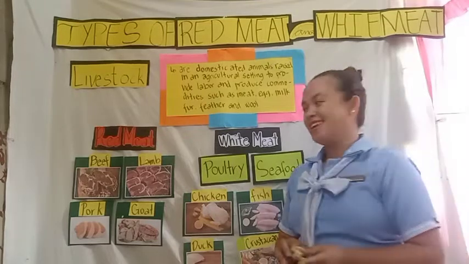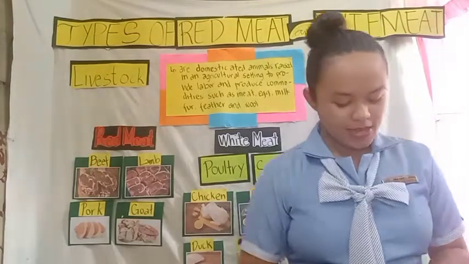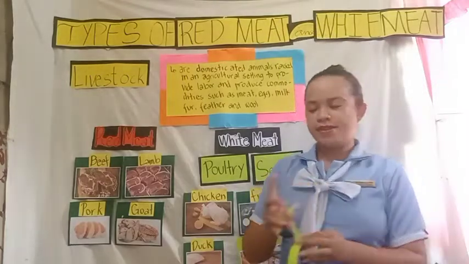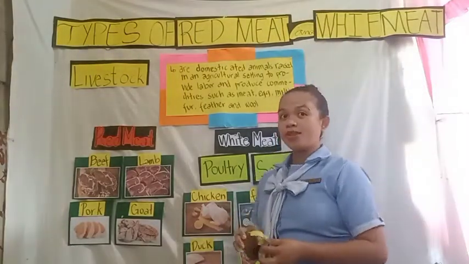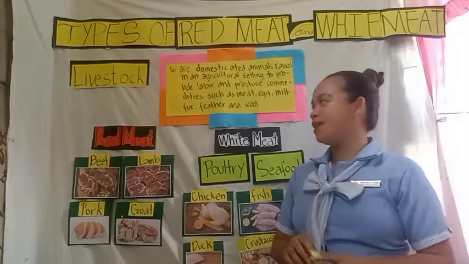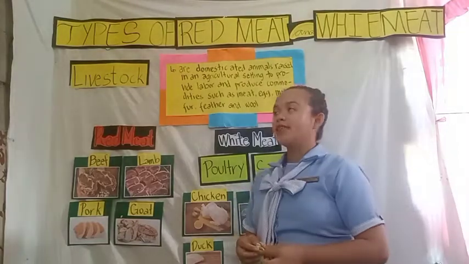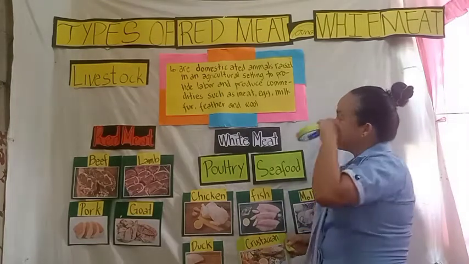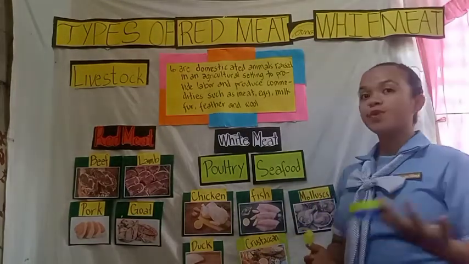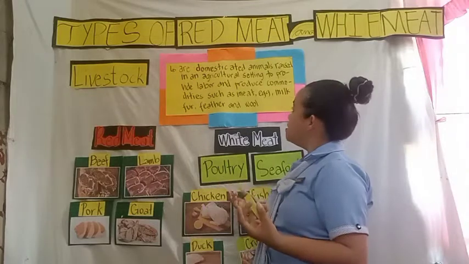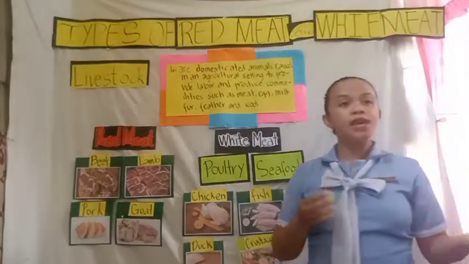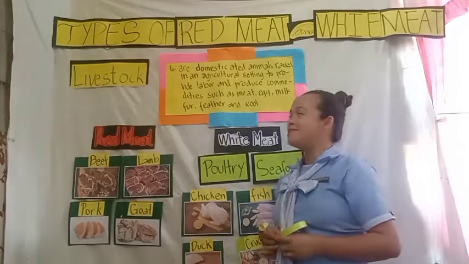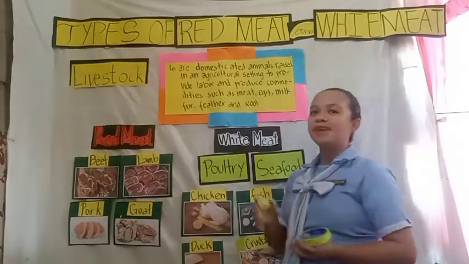Okay, let us first recall what we have discussed before we begin. So again, livestock are the domesticated animals raised in an agricultural setting to provide labor and commodities that we use day to day. Livestock has two types: the red meat and white meat.